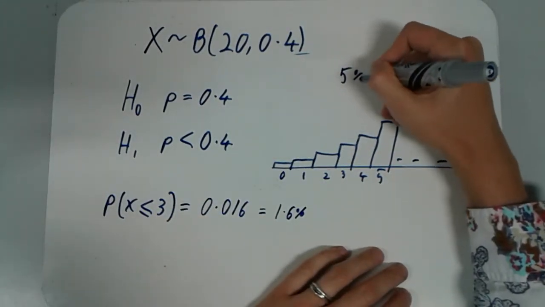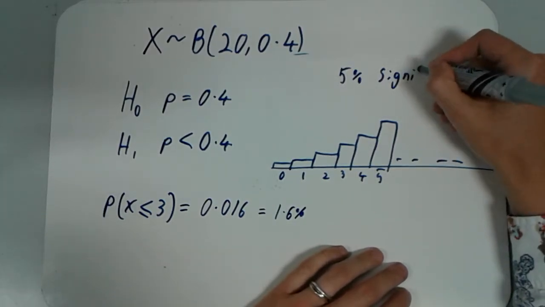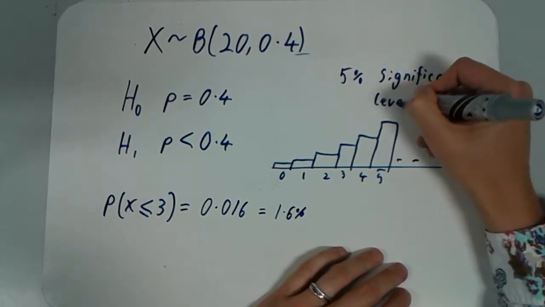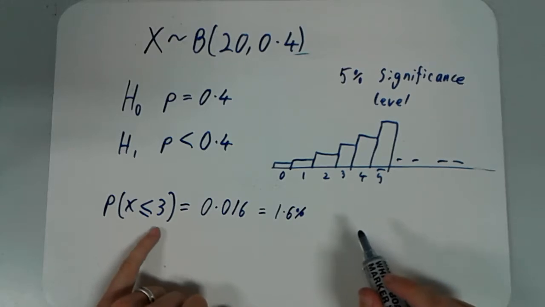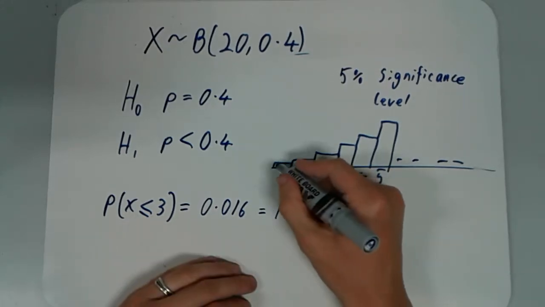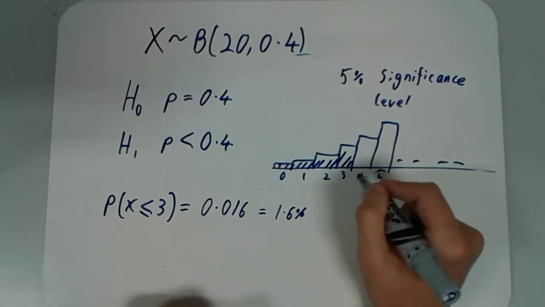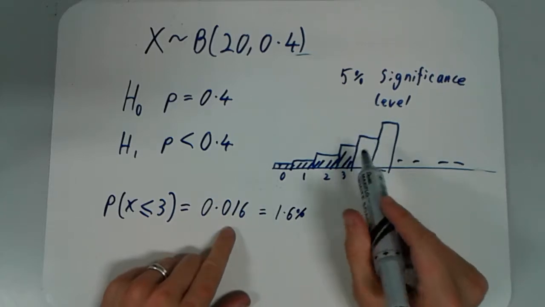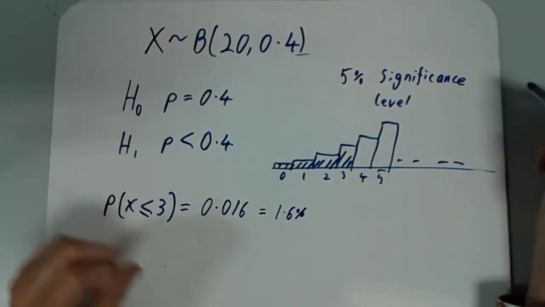Usually in A-level maths, this is taken to be a 5% significance level. What that means is, if the probability of your event or more extreme occurring, so in this case 0, 1, 2 or 3 seeds germinating, has a probability of less than 5%, we have sufficient evidence to support our counterclaim.